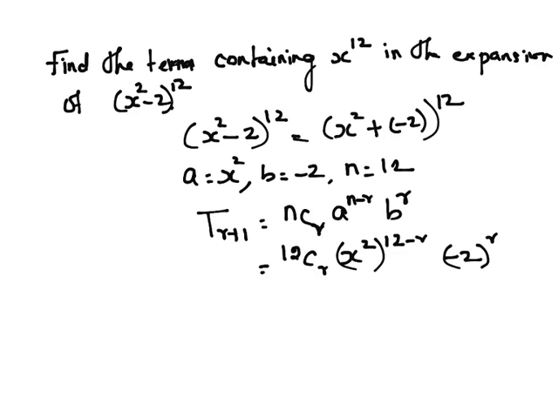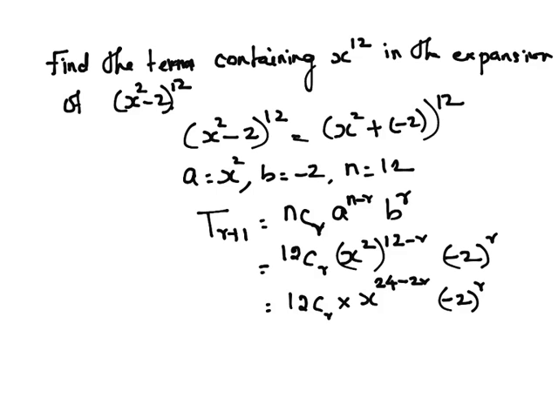Good. Now let us simplify it further. I'll get 12Cr into x raised to 24 minus 2r into (minus 2) power r. Now it is given that I need the term containing x raised to 12.